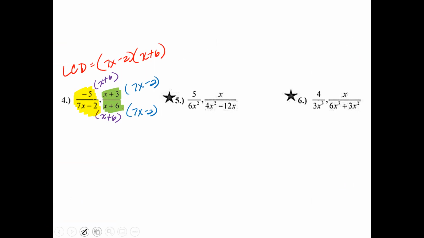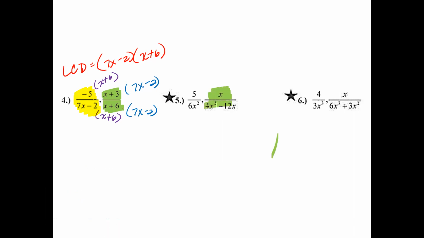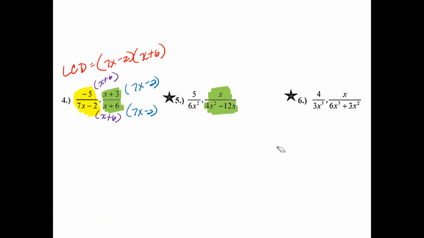Okay, so for number 5, that one is a little bit hidden because if you look at the second fraction, right here in green, in the denominator, you could take out some numbers. Between the 4 and the 12, I could take out a 4. Between the x and the x squared, I could take out the x, which means I have an x minus 3 going back inside.